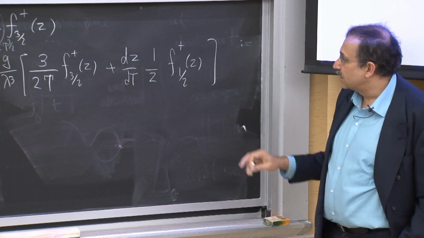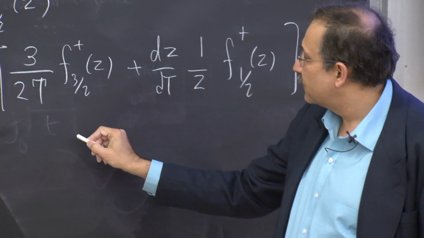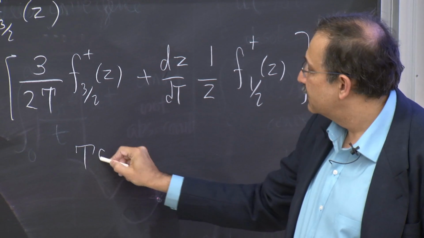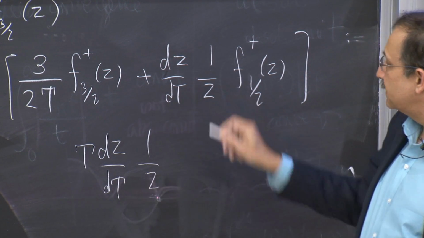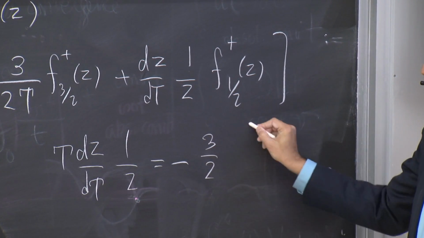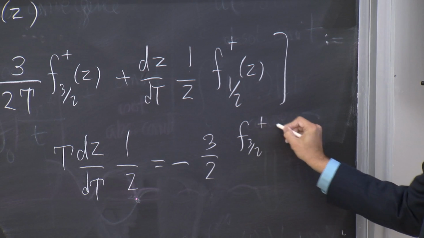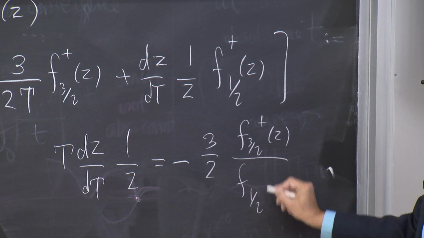Since the left-hand side is equal to 0, I can immediately solve for this, and I find that T (dz/dT)(1/z) is minus 3/2 times f_{3/2}^+(z) divided by f_{1/2}^+(z).